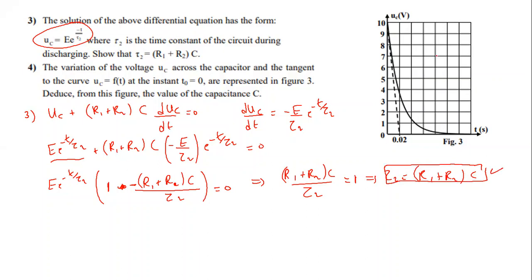So this is verified. The variation of the voltage across the terminals of the capacitor and the tangent at the instant t equals 0 are represented. Deduce from this figure the value of the capacitance. So we said they give us the tangent, this means we want to find tau using the intersection.